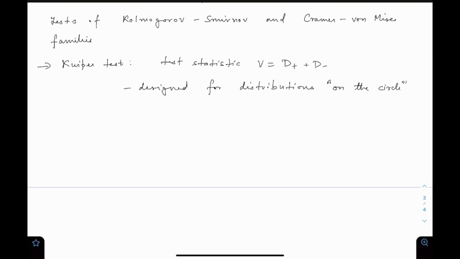The tests of the Cramér-von Mises family are based on the quadratic difference between F and S. So in the simple case, the test statistic is denoted as W squared, which is an integral from minus infinity to plus infinity of the squared difference of F(x) and S(x).